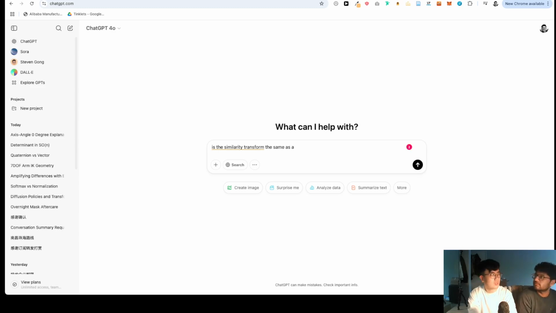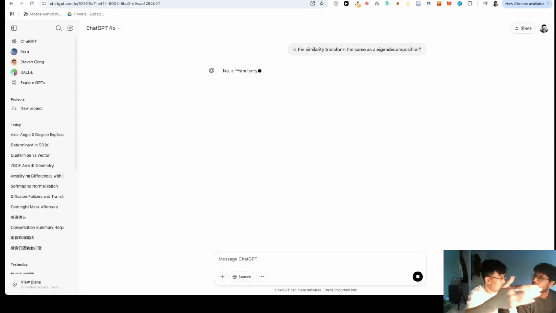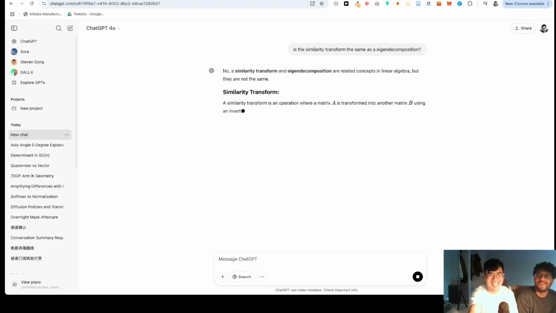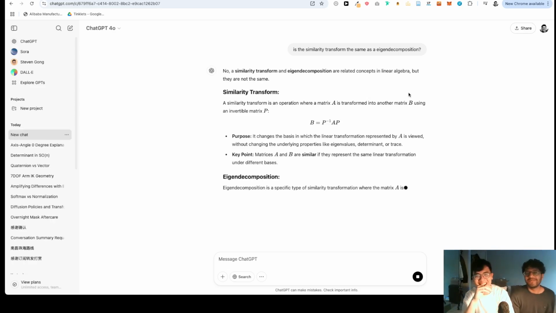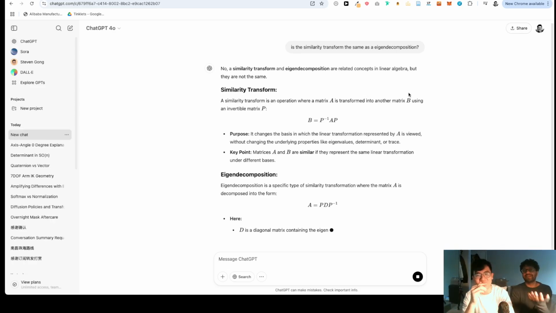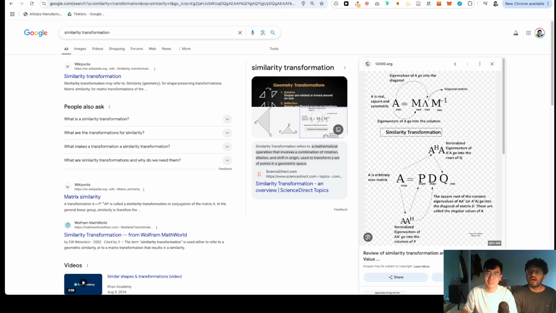They are the same as eigen decomposition? Yeah, it's the same. They're basically this. Wait, why is this the inverse first? Oh, wait, other way around.